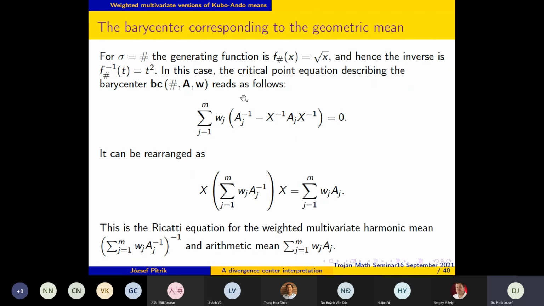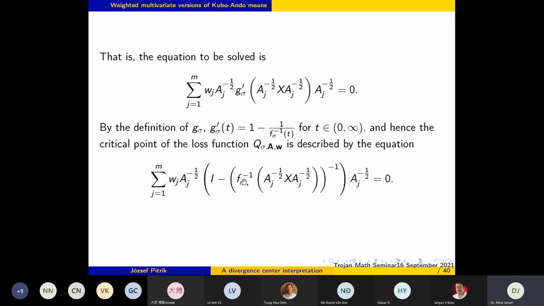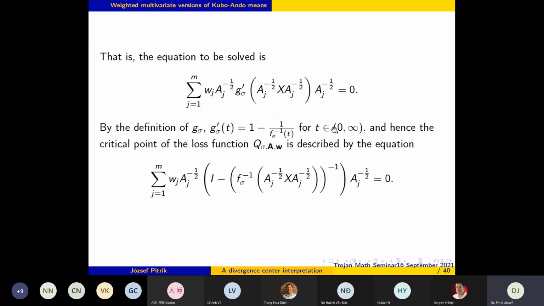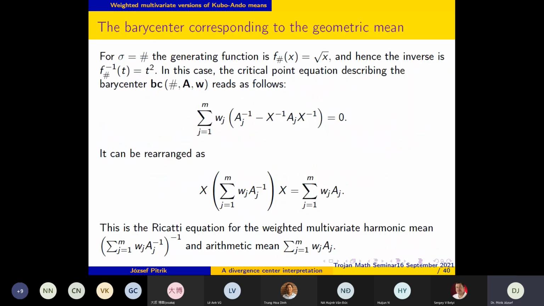Remember that we need the inverse function of f sigma. And in this case, the critical point equation describing the barycenter corresponding to the geometric mean can be written in this easy form. And after rearrangement, it can be written in this form.